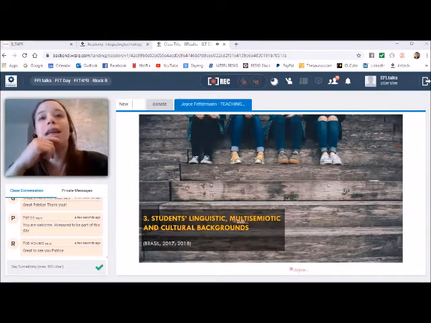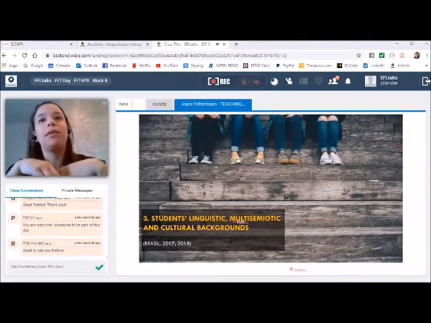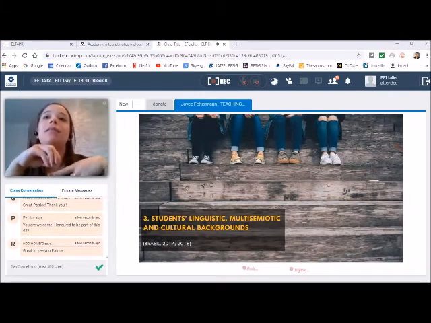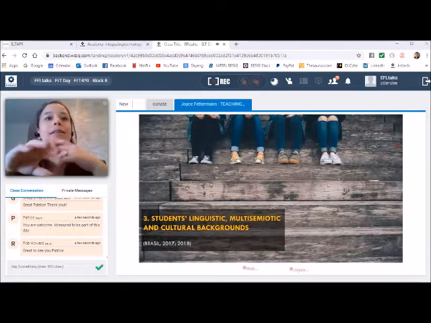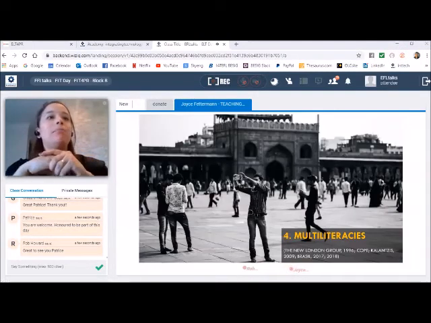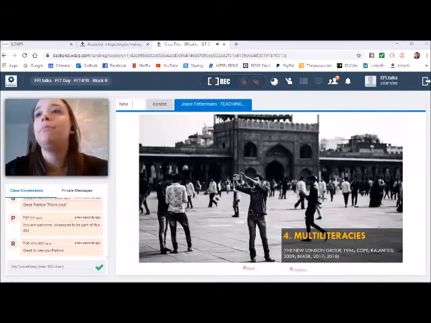Another thing, when I say multisemiotic, I'm talking about the different modes of language, which are writing, reading, audio, etc. Okay, so another point is multiliteracies, which are about languages and media in texts.